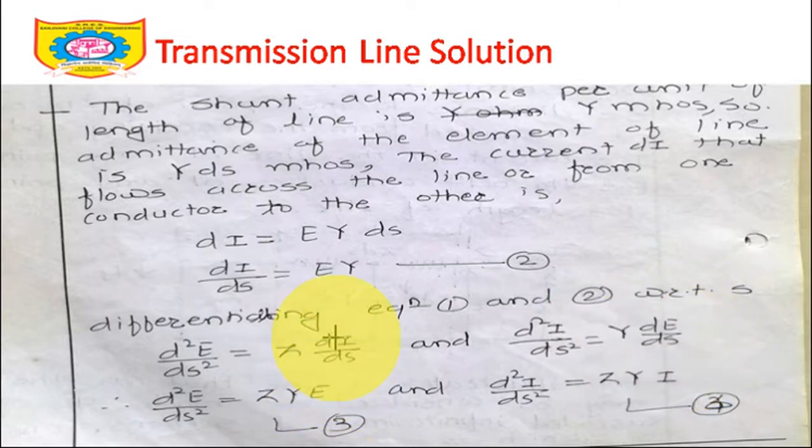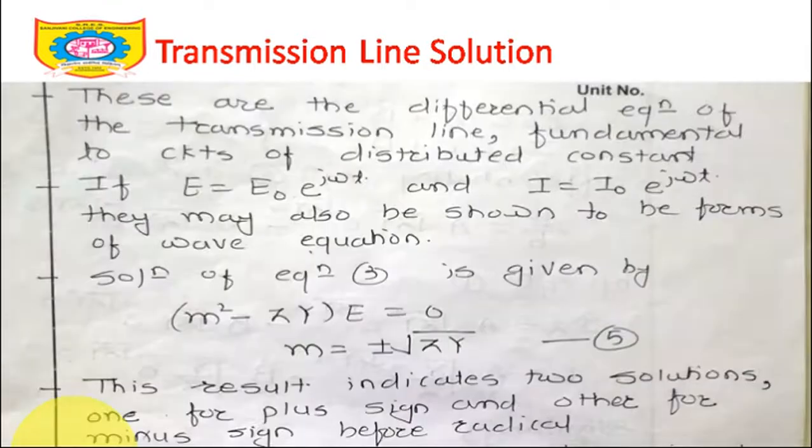We already have the expressions for dI by ds and dE by ds. Since dI by ds is Ey, d squared E by ds squared equals zy into E, and d squared I by ds squared equals zy into I. These are equations number 3 and 4. This is just general mathematics we are operating in order to get to the general solution of the transmission line.